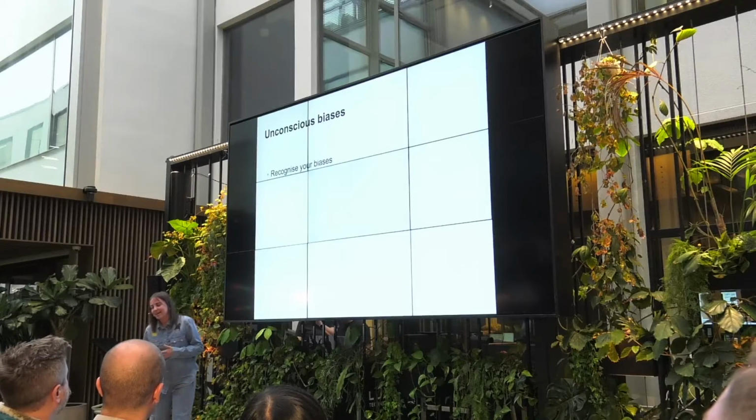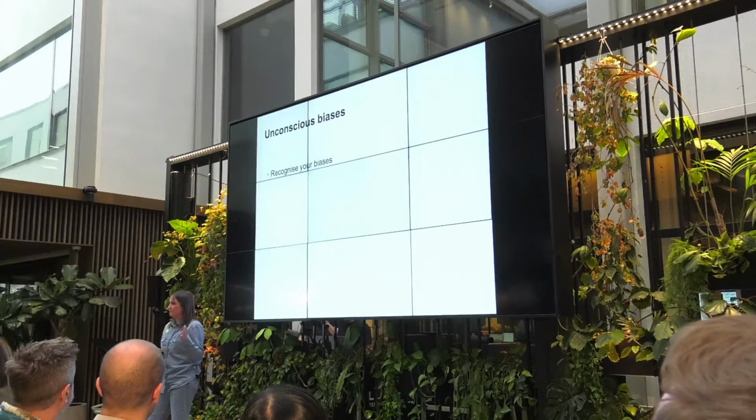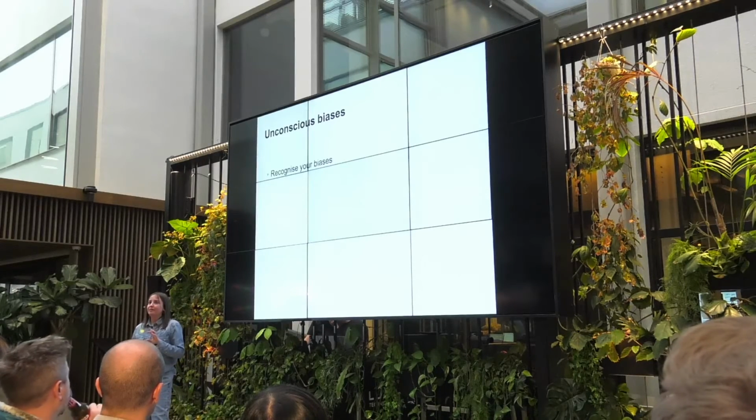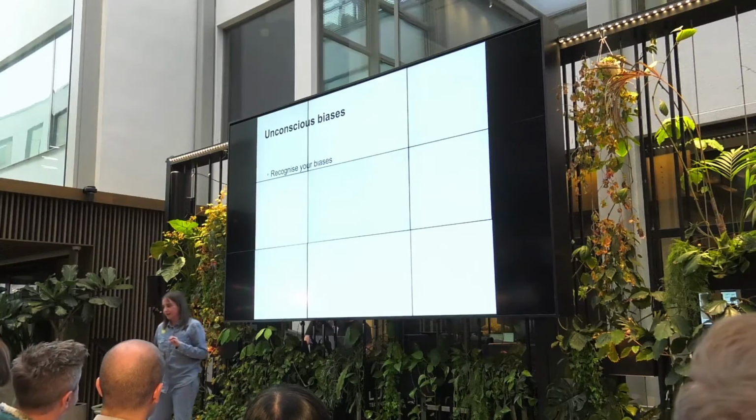Another website I quite like is called Decision Lab, and it has a list of maybe 100 plus biases, and it gives you examples of what each bias means and how to avoid them. I would recommend that as well.